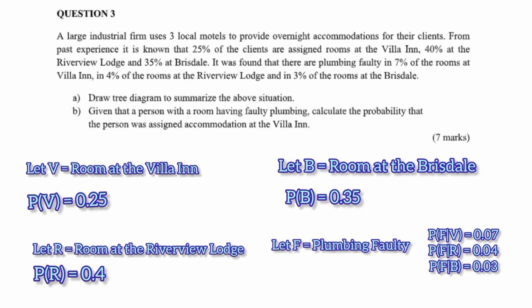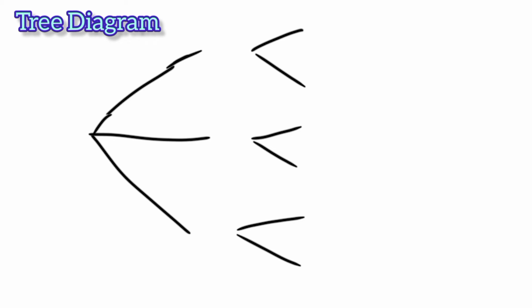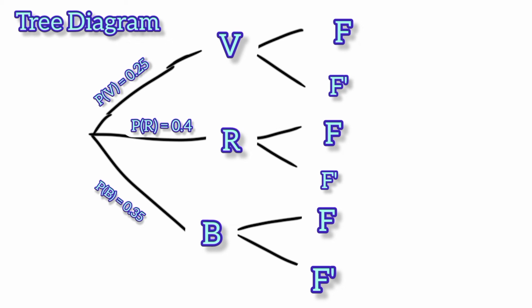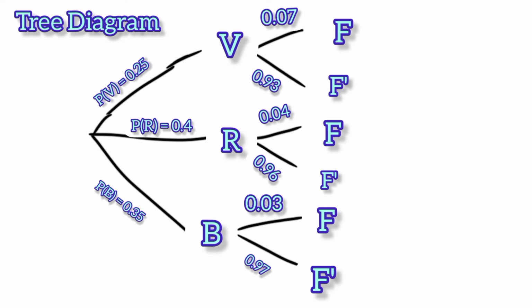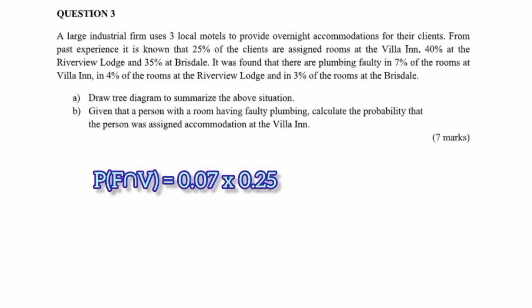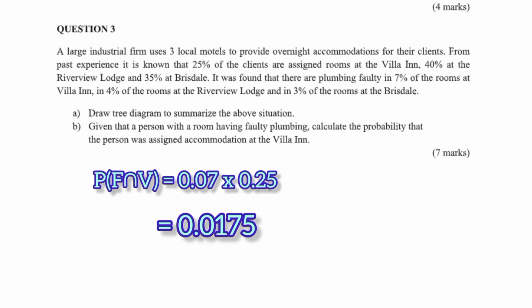Now we just put all the hints we noted into the tree diagram. For B, we just do probability faulty intersection Villa, which is equal to 0.07 multiplied by 0.25. The answer will be 0.0175.